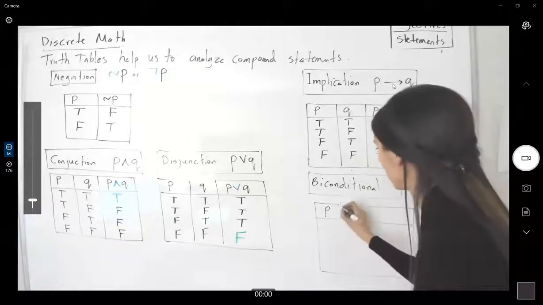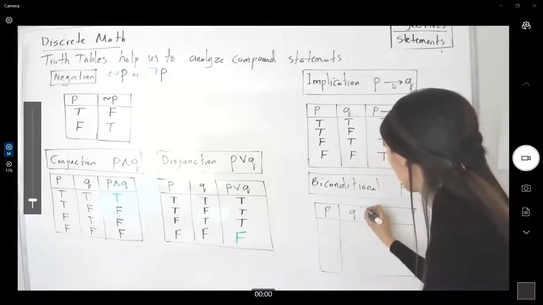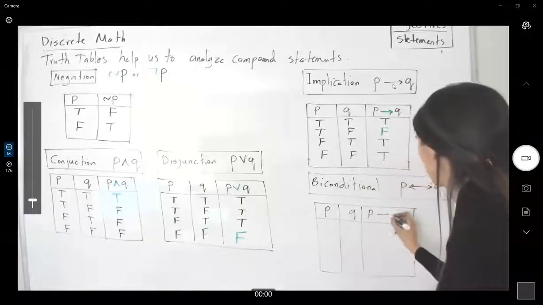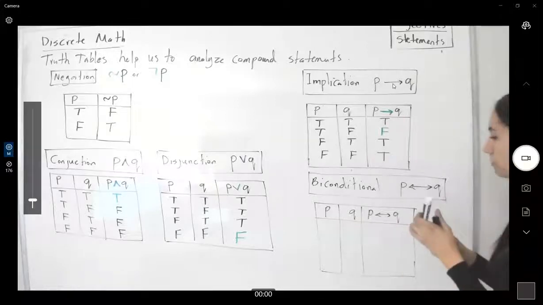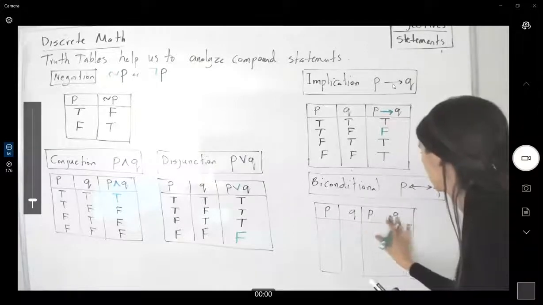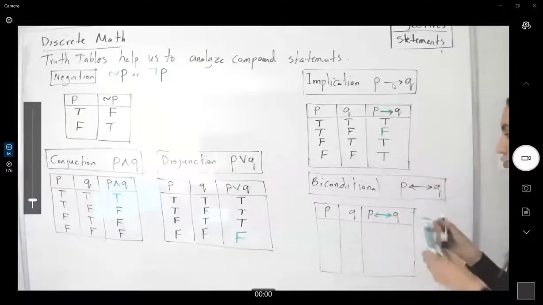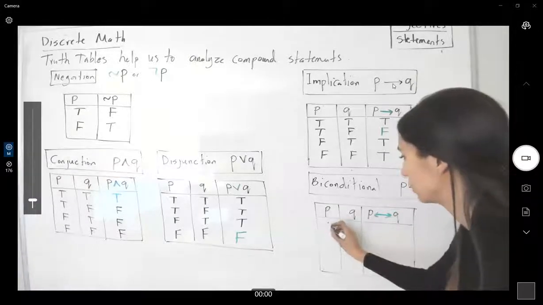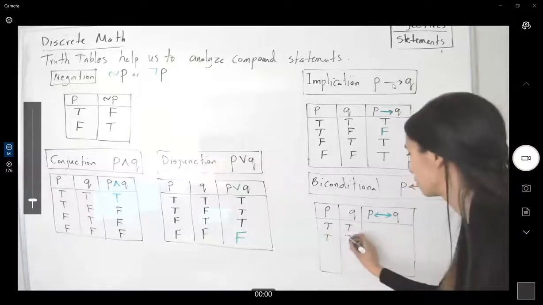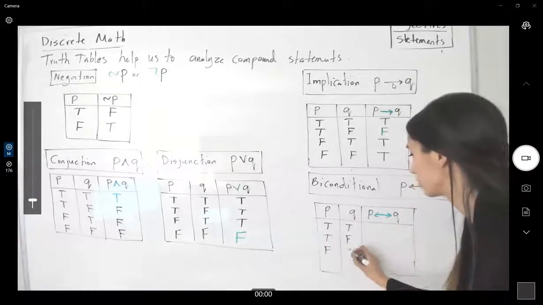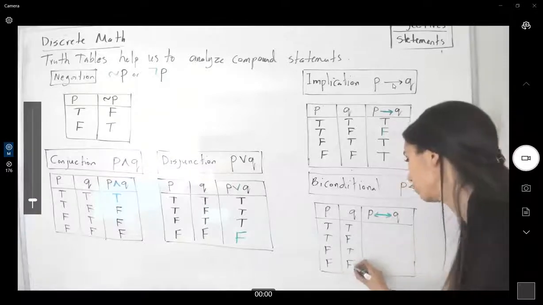We have P, we have Q, we have P if and only if Q. So let's use green. P might be true, Q might be true. P true, Q false, P false, Q true, P false, Q false.